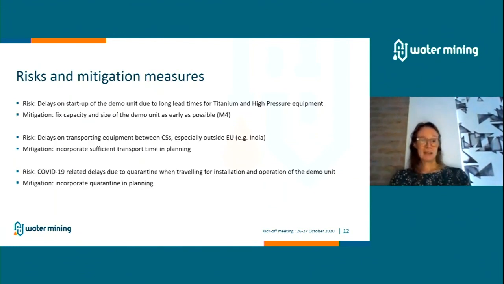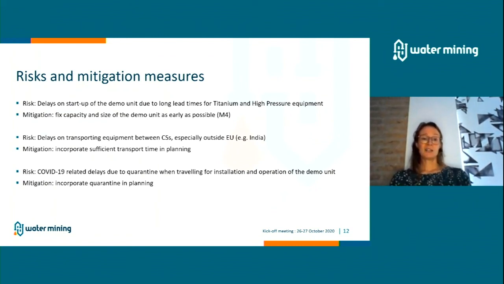Risk and mitigation measures. We talked about this within the team. So in our weekly meeting, we discussed what are some of the risks that we see. I think one of the main risks is that we, somewhere along the lines, encounter delays. So for instance, delays on the startup of the unit due to the fact that we have long lead items for special materials like titanium and high pressure equipment that are used in the high pressure oxidization unit.